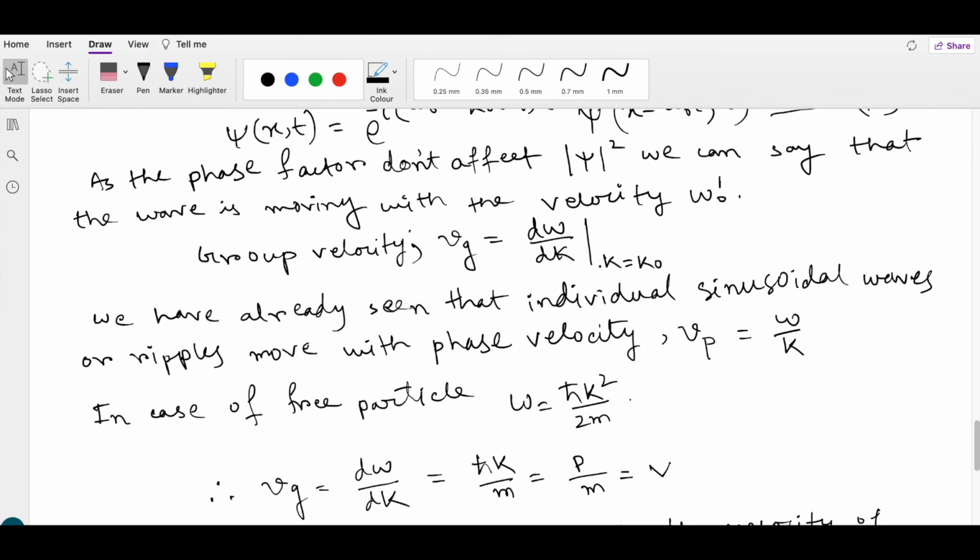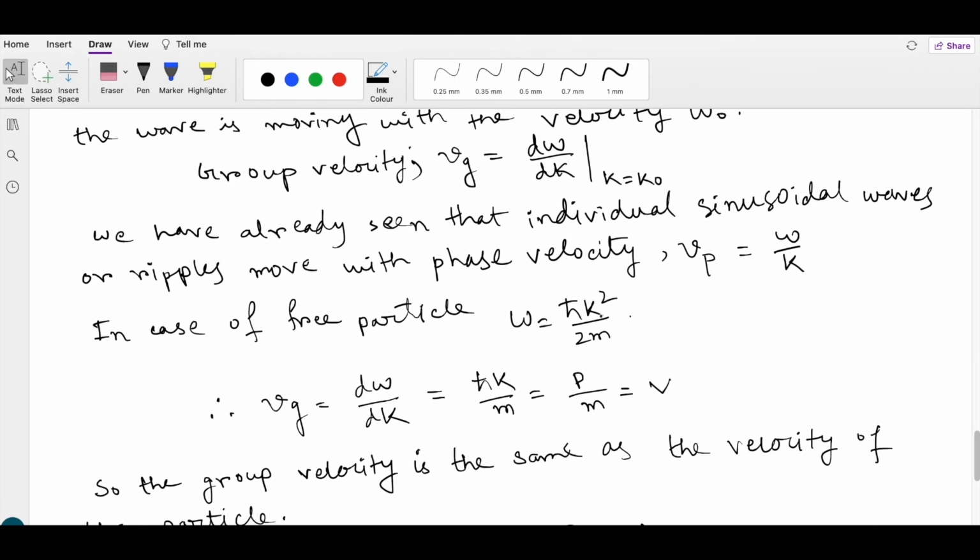We have already seen that individual sinusoidal waves or ripples, the plane waves which form the ripples, move with a phase velocity given by omega by k. In case of free particle, omega is h cut k square by 2m.